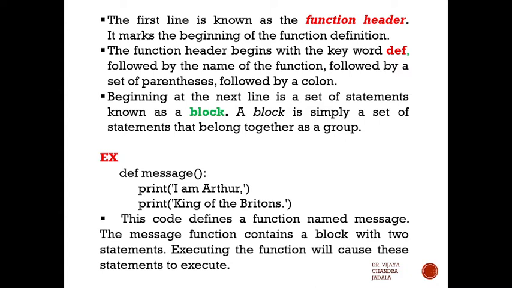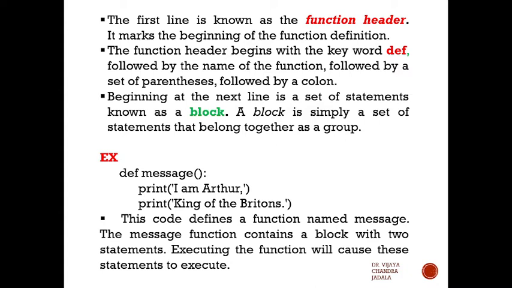The function header begins with the keyword def, followed by the name of the function, followed by a set of parentheses, followed by a colon. So def message is the function name, open parenthesis, close parenthesis, then colon.